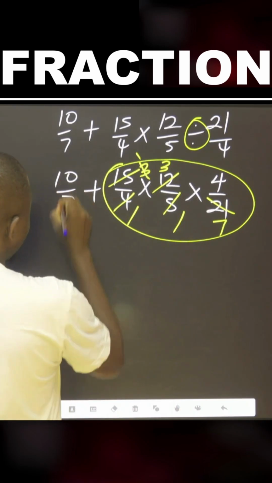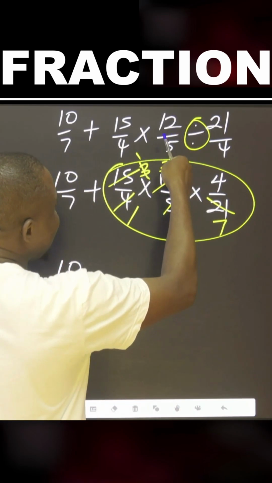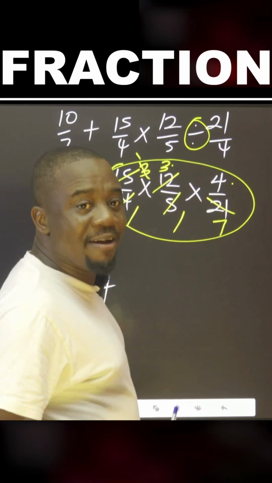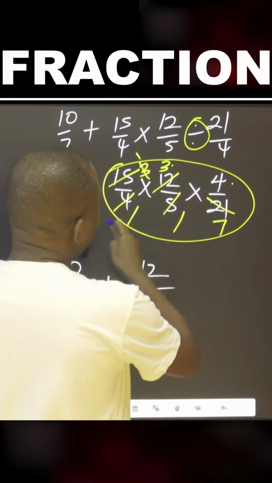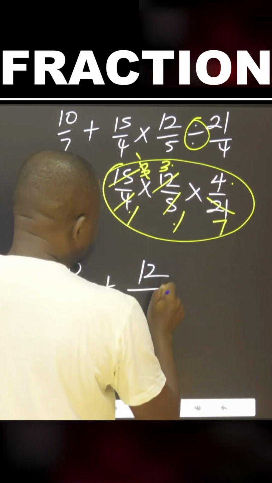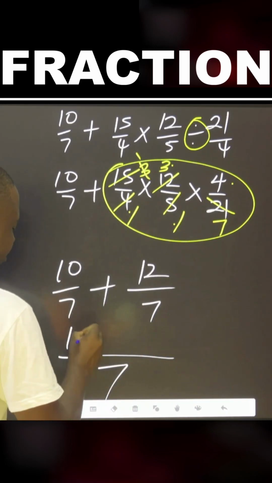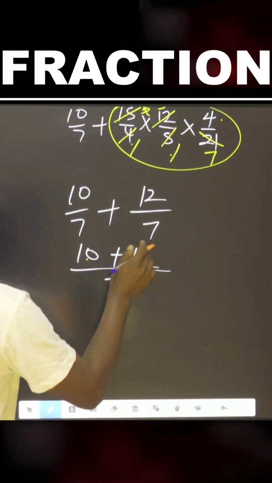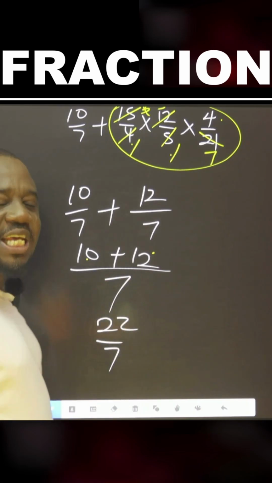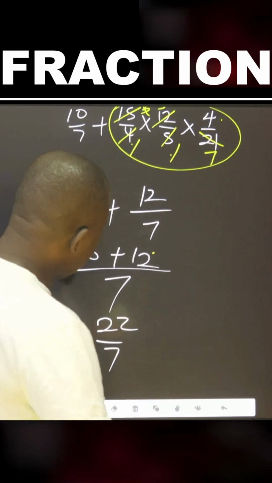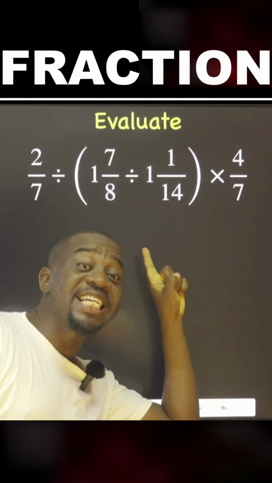That is all for now. 10 over 7 plus, what is remaining here? 3 and 4. 3 multiplied by 4 is 12 over, denominator is 1 times 7, so 7. LCM, 7. 10, 12. This plus this will give us 22 over 7. How many 7 in 22? We have 3. That's 3 whole number 1 over 7. This is the answer.